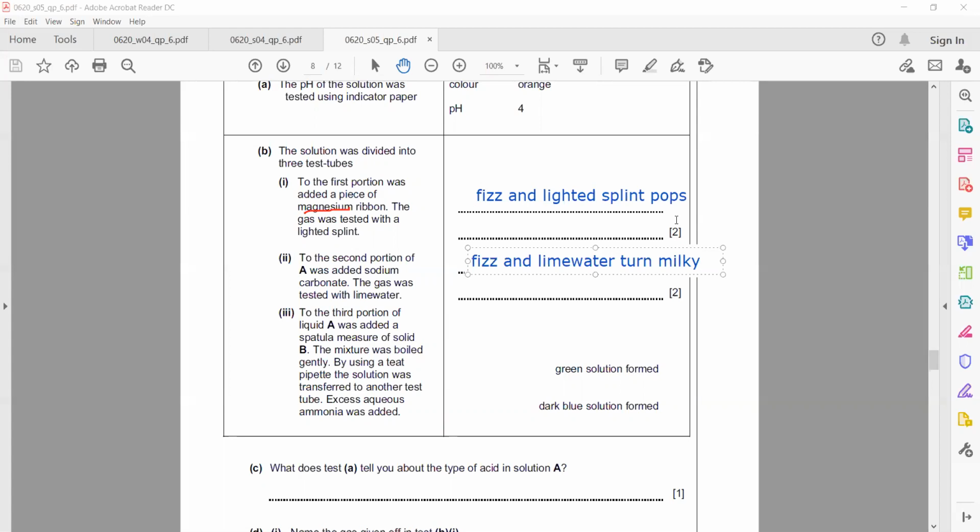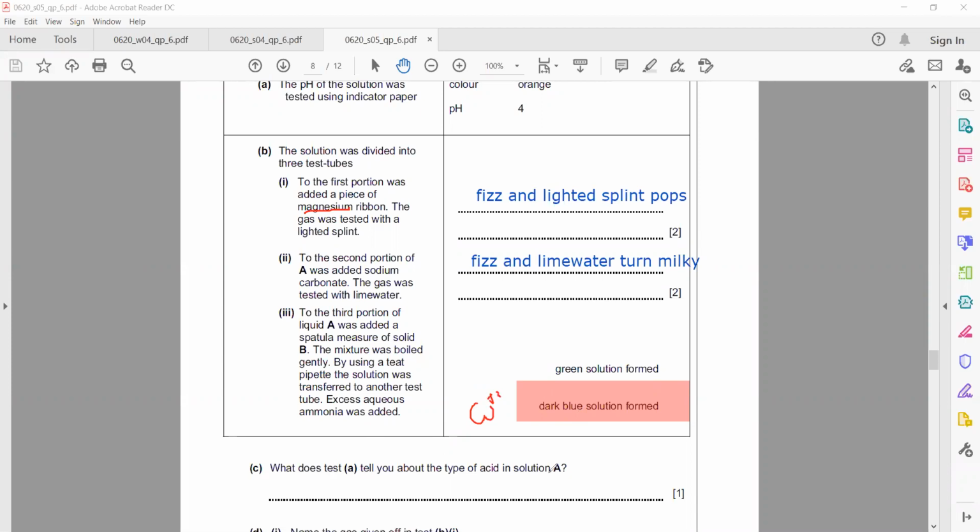That is not correct. By using a teat pipette, solution was transferred into another test tube. The excess of aqueous ammonia was added, and you observe dark blue solution or deep blue solution. What does this give an idea? Which ion is present? Copper.